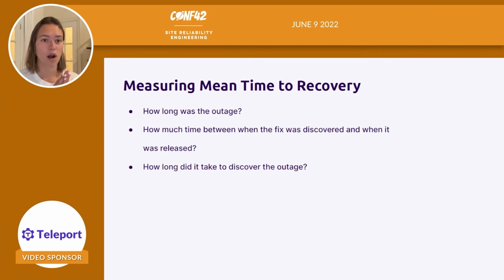Like, do you have the proper alerting so that when an outage happens, you know immediately? Or is it taking a few hours and taking a customer calling it out for you to see the outage? And so you can use whatever tools you're using to measure this and see where those gaps are in order to improve your incident management process and see how you can improve this going forward.